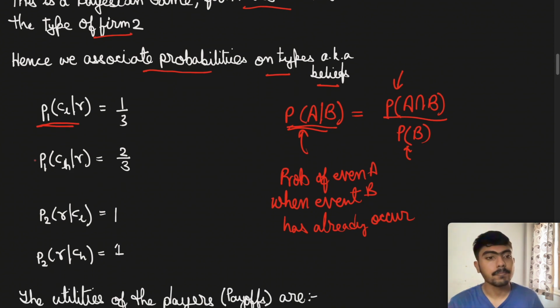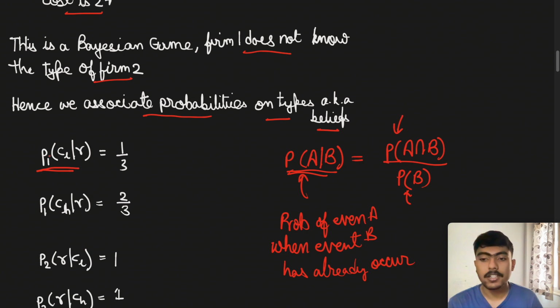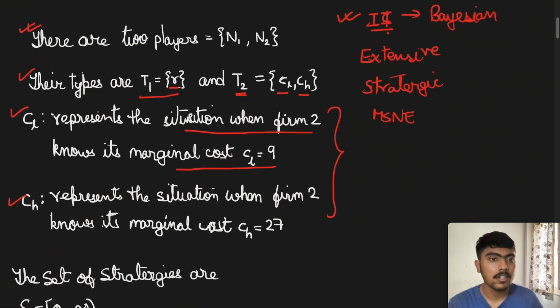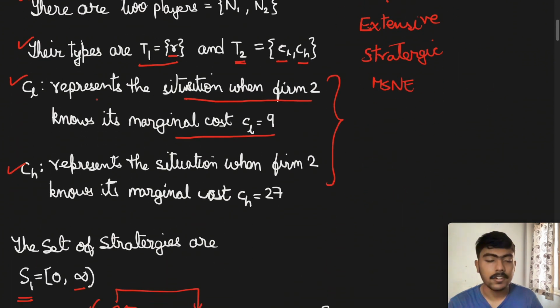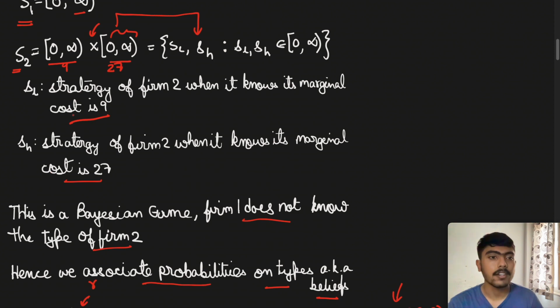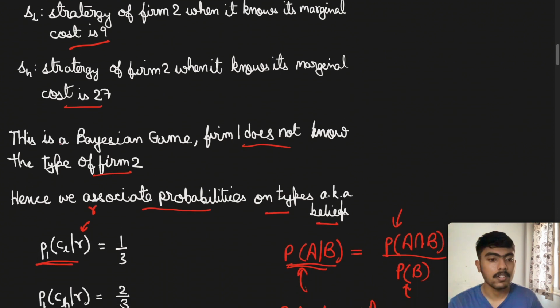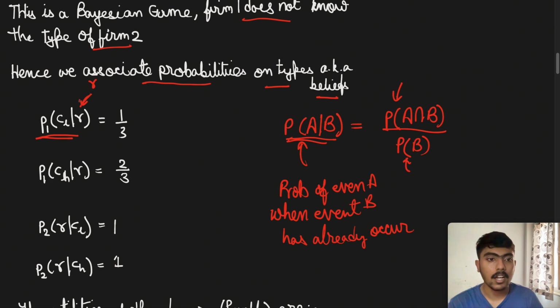So let's consider the first part, that is the probability for player 1. Since player 1 is trying to estimate what player 2 will play, player 1 will play its own strategy, that is its own type, which is R, as we discussed above. Given that it's playing R, what is the probability that player 2 will play CL, which is its type?